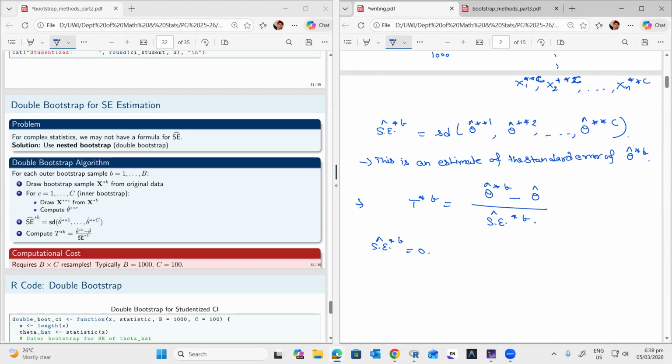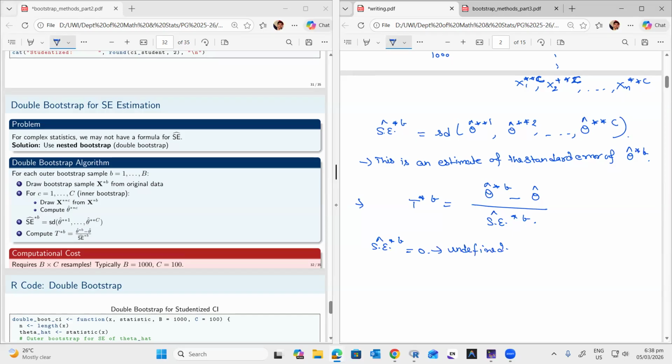In this situation, the standard error will be called undefined. How to handle this we will talk about later. First, we just understand how we are going to do it.